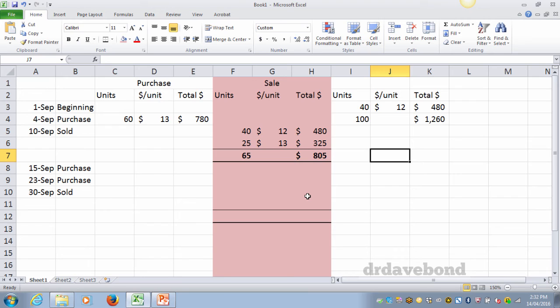That is the cost of goods for those 65 units. And so the running total for units would be the 100 less the 65 you sold, gives you 35. And the carrying value of those units is now $455.